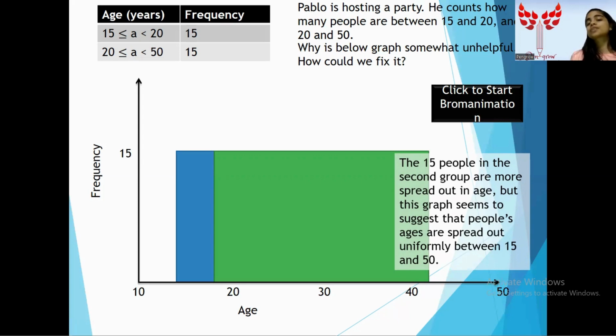But what is the graph suggesting to us? That is what the table is telling us, right? But the graph is showing that the people's ages are spread out uniformly between 15 and 50. It is showing a uniform spread. And this is not the right way to represent it. That is not something we wanted to see, right?